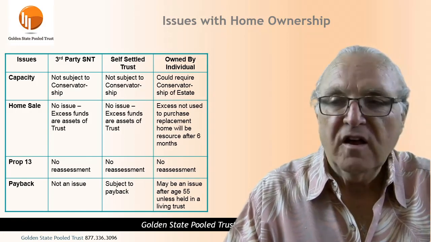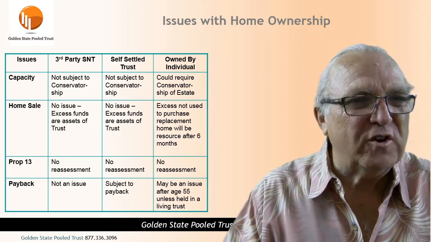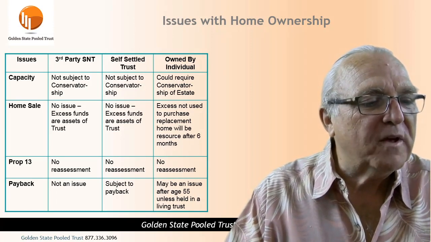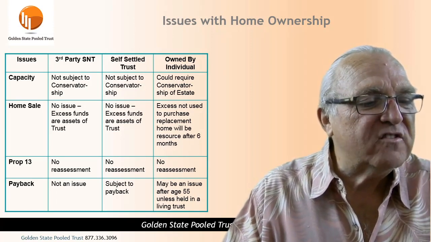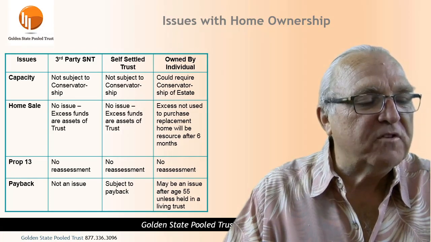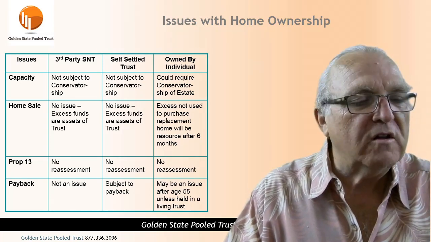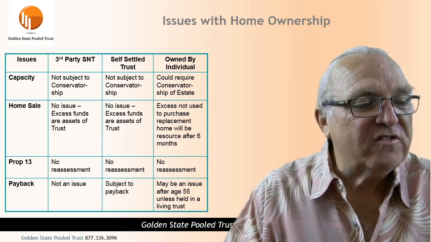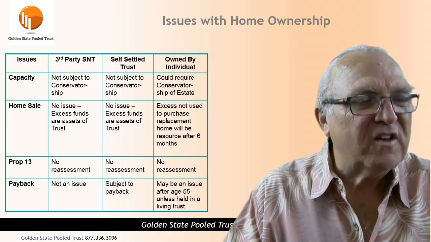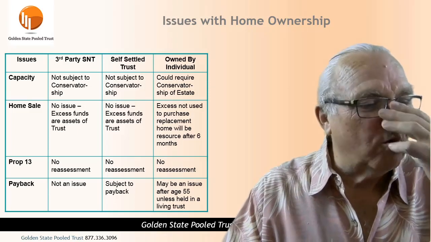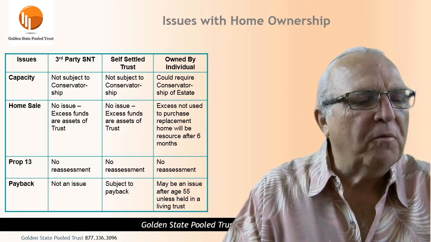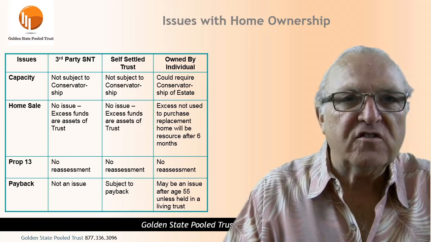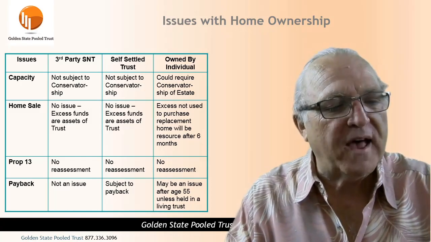Even though the beneficiary doesn't technically own the property, it's not subject to that conservatorship. In a self-settled trust, it's not subject to a conservatorship as well, unless once again it's subject to court oversight and the court orders that. Okay, if it's owned by the individual, it could require a conservatorship of the estate if the beneficiary loses capacity.